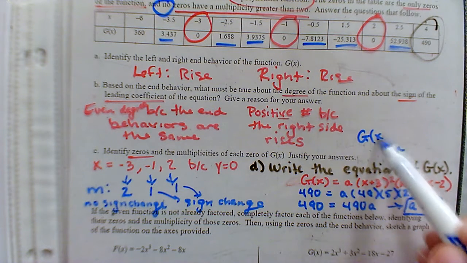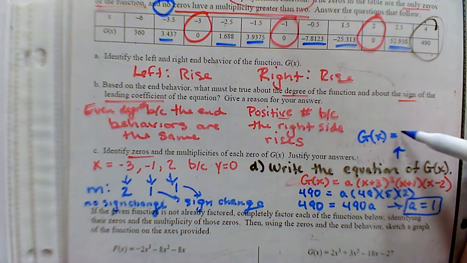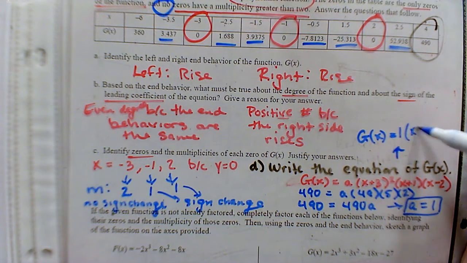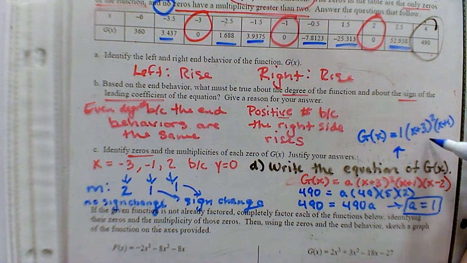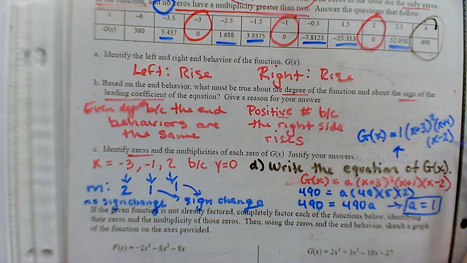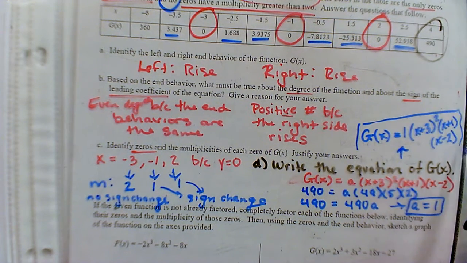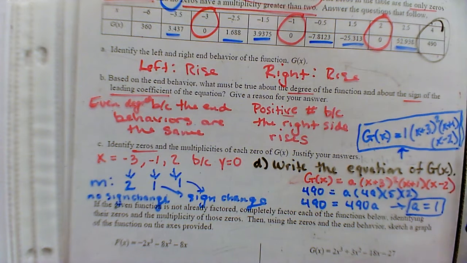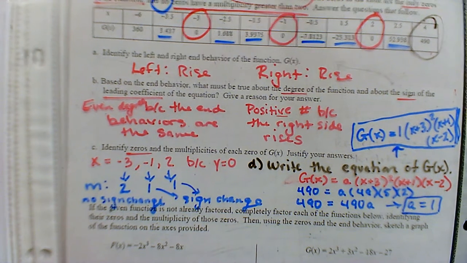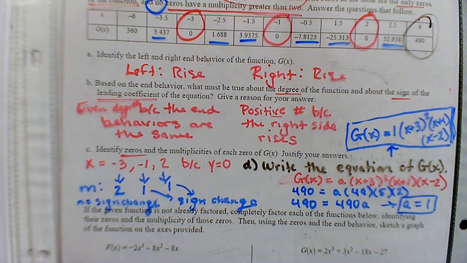So the equation that would generate this table, we would have 1 times (x plus 3) squared times (x plus 1) times (x minus 2). If you don't want to write the 1 there, you don't have to. That's okay. All right, how did we do? Did we lose it from yesterday? I hope not. We're good?